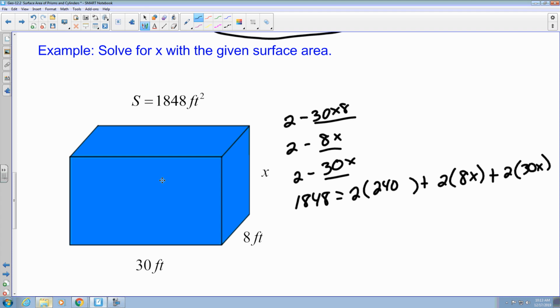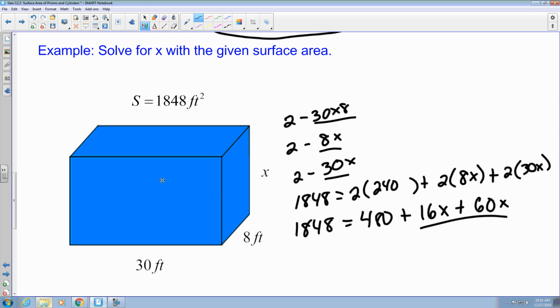So when you multiply each of those individual problems, we get 1848 is equal to 480 plus 16x plus 60x.